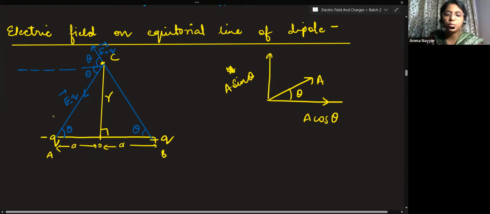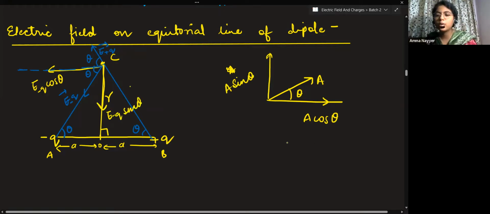Similarly, E minus Q is making angle theta. So this will give you the direction of E minus Q cos theta, and this will give E minus Q sine theta. This was the angle theta, this was E minus Q. Simple resolution of vectors.